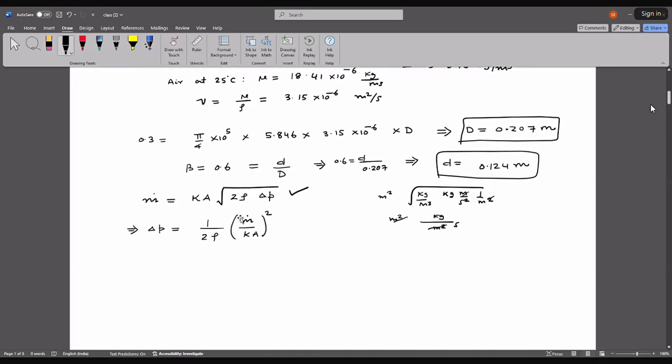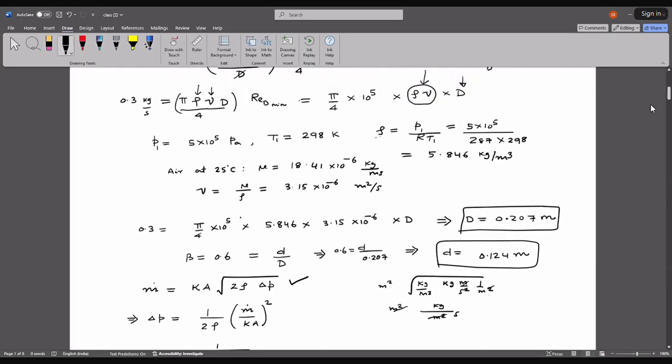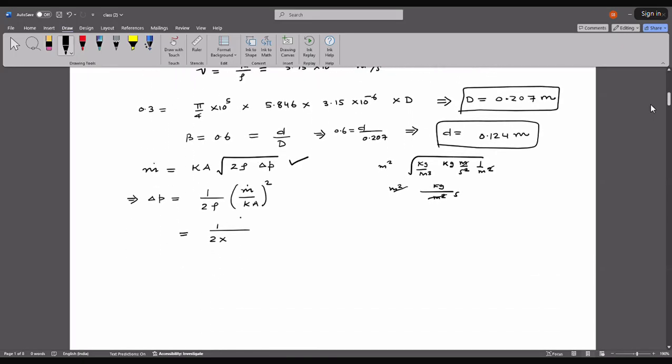If I substitute the values, that will be 1 over 2. The density we have found is 5.846.